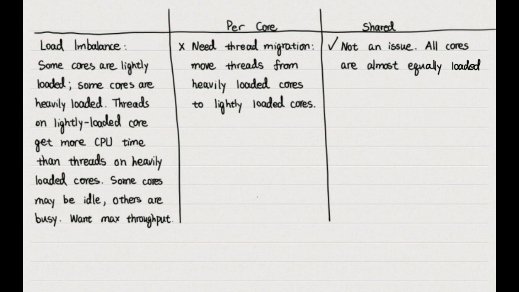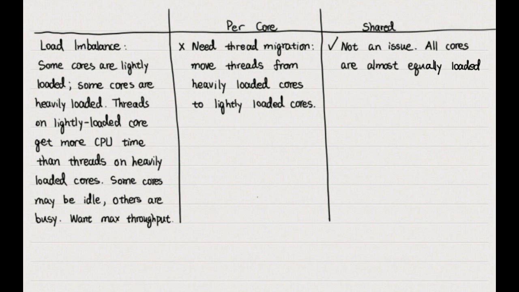Core 2 is extremely heavily loaded. Because we want to achieve maximum throughput, we need to migrate some of the threads on the ready queue of core 2 to the ready queue of core 1 so that core 1 is not idle. This thread migration mechanism is very difficult to implement.